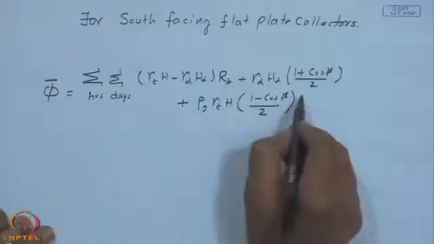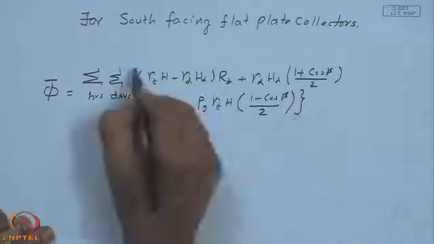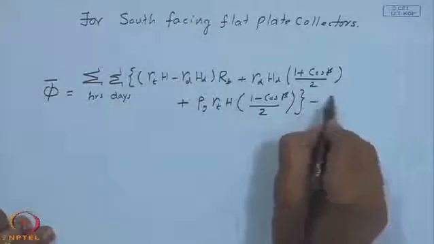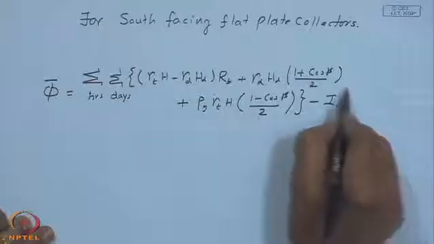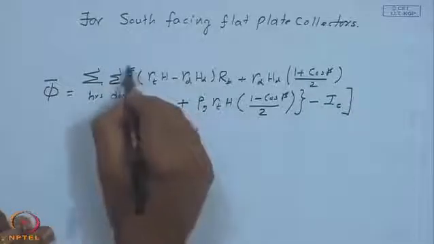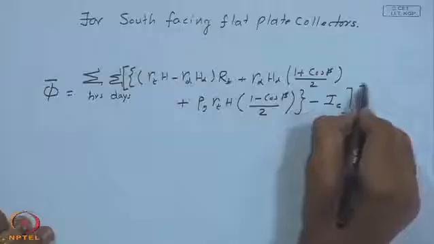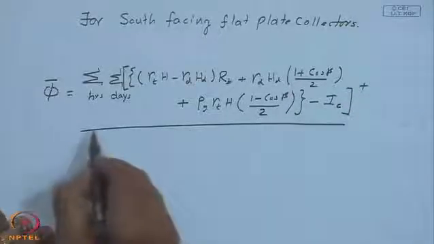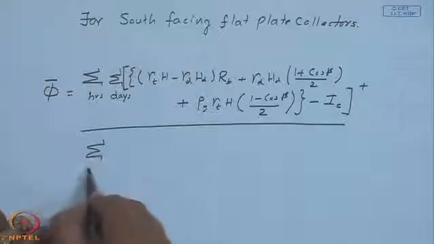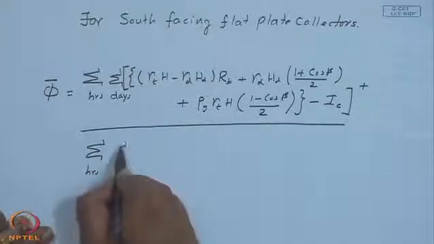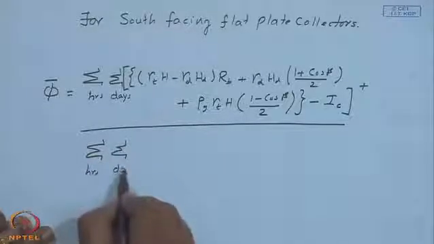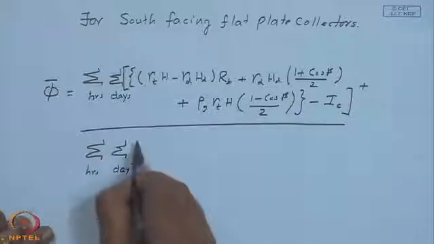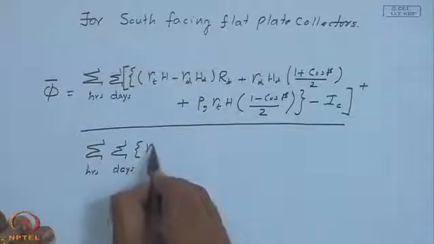Then we have got curly brackets minus critical level I c, then the square bracket with the superscript plus, upon summation over hours. I shall explain each term, then it becomes very easy for you to remember the basis on which we have written this.